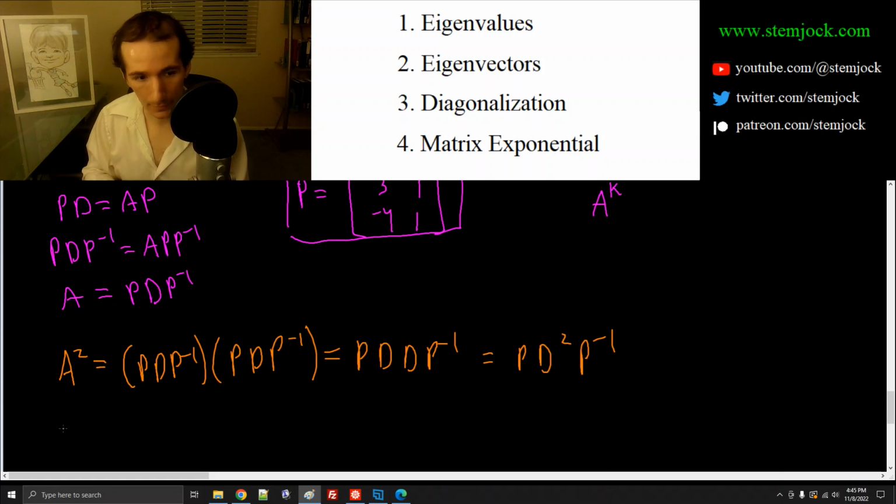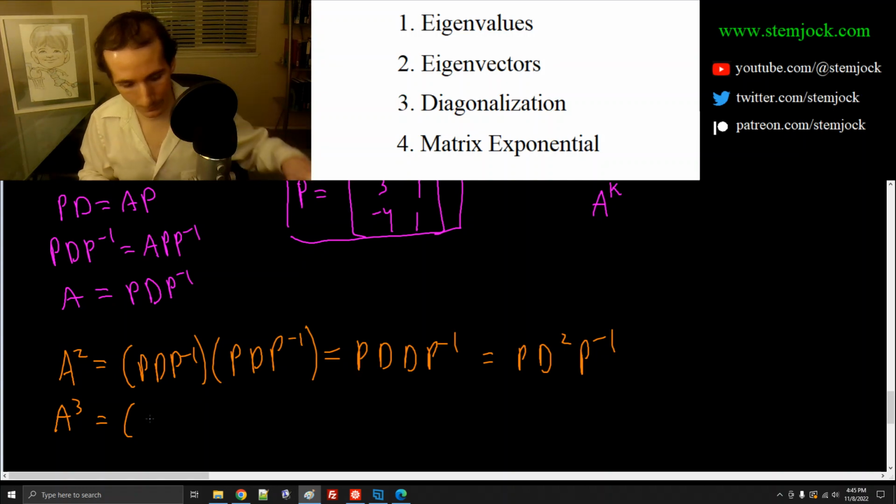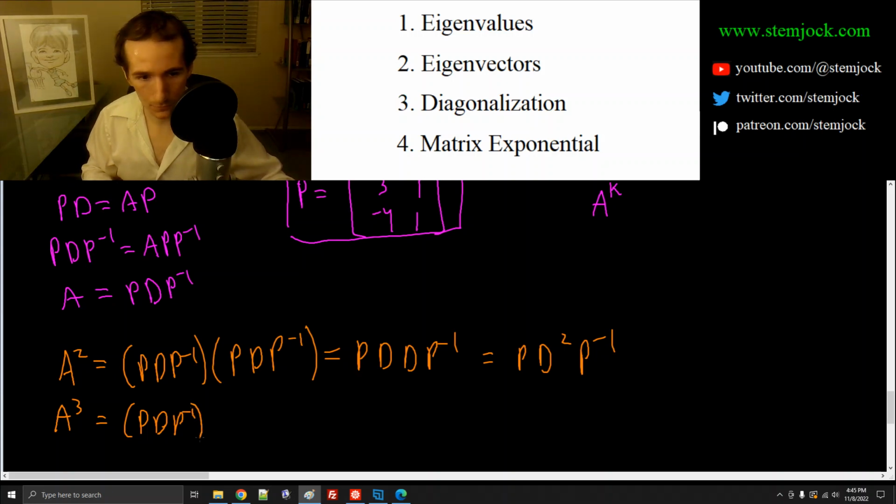And very similarly, I could calculate what A cubed is. That would be P D P inverse times P D P inverse times P D P inverse.